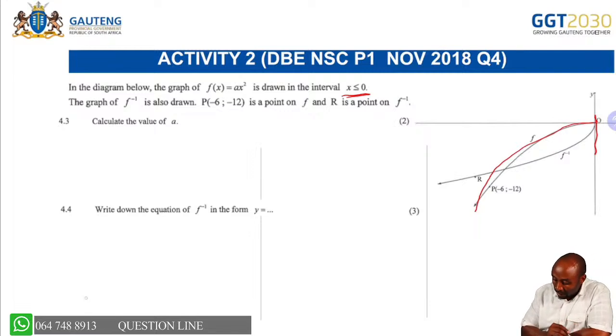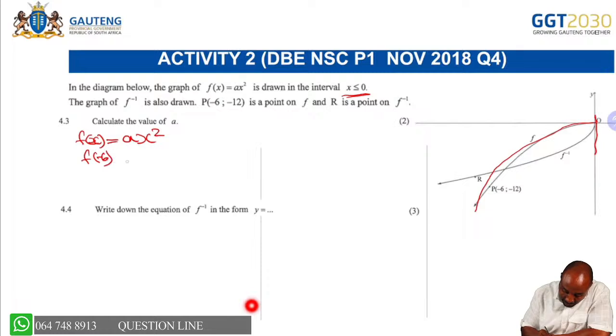So we are going to use the coordinates of the point. f of x is equal to ax squared. If you check, f of -6 is equal to a times -6 squared. When our x is -6, our y is -12, which is equal to 36a. -6 squared is 36.